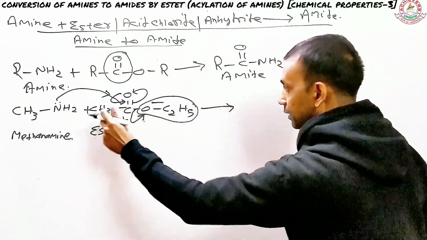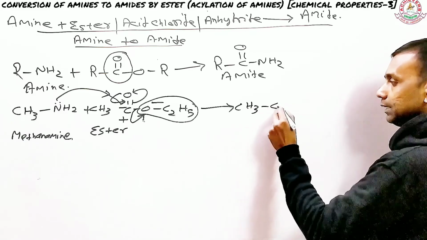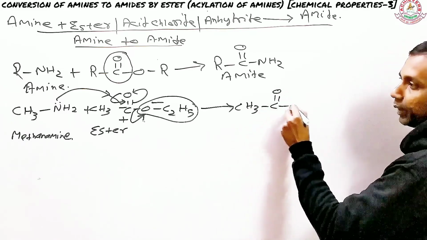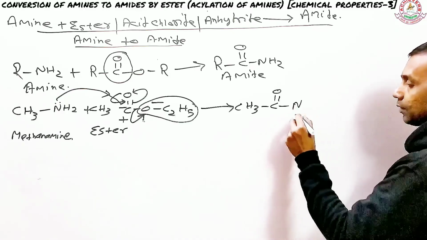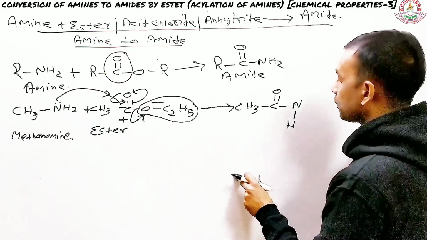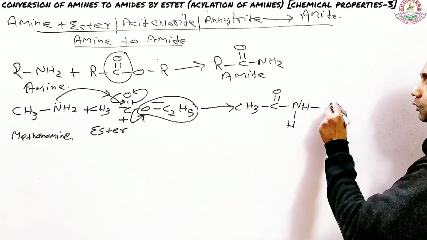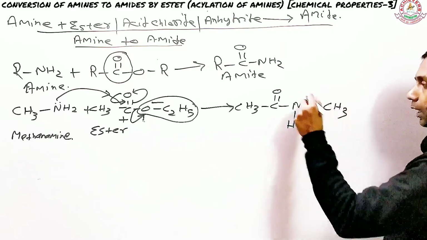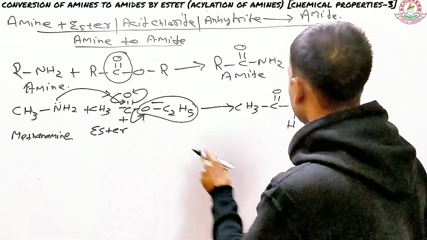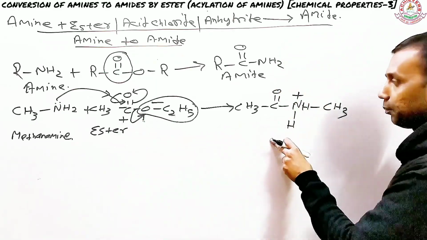CH3, C double bond O, and then nitrogen, with one of the hydrogens that was with the nitrogen, another hydrogen, and a methyl group. But nitrogen this time has a positive charge. Why? Because it has given its own electron to make the bond with the carbon. So this is the intermediate.